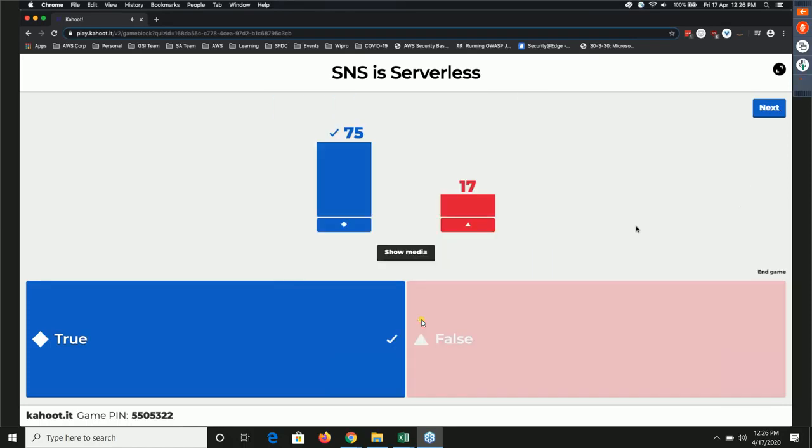Yes, absolutely right. It is true. In fact, it was listed as one of the serverless services in our earlier slide. And because you're accessing it through the API, there is no infrastructure that gets exposed to you. Therefore, it's serverless.